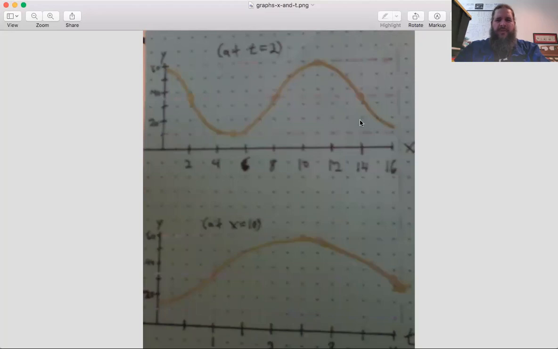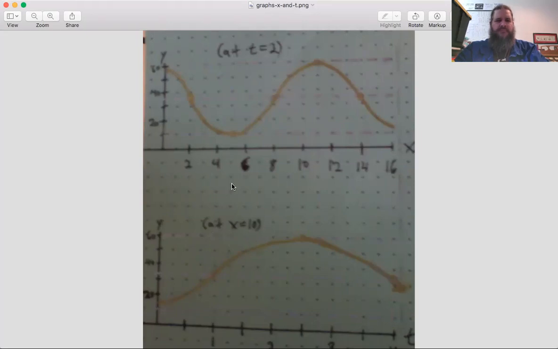Here's another example with an x versus y graph and separately an x versus t graph. Can you see this one all right? Yeah. So in this case, usually the procedure would be to find what we call a point in common, like the same point on both graphs. And in this case, we can, because the top graph is all x values, but only which t value?